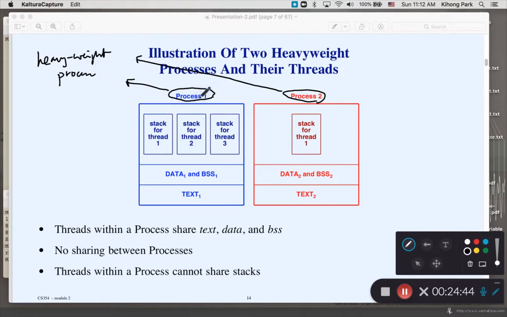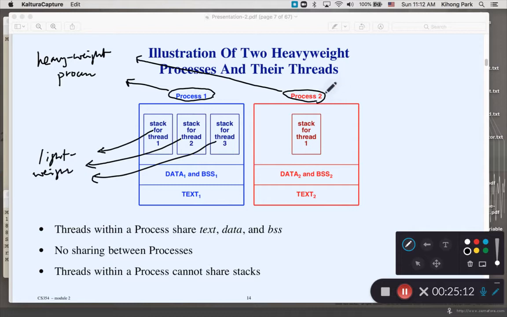Inside this heavyweight process, process 1, there are three lightweight processes. This one, this one, and this one. And these are all part of the same heavyweight process. So it's a two-level hierarchy. A heavyweight process may have one or more lightweight processes.